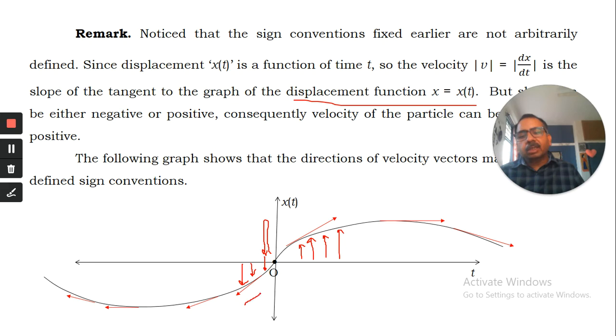Had this been in this direction, we would have taken the velocity positive. But since the direction is this, we shall take this velocity vector as negative. So it means that sign conventions which we have defined do match with this calculus thing.